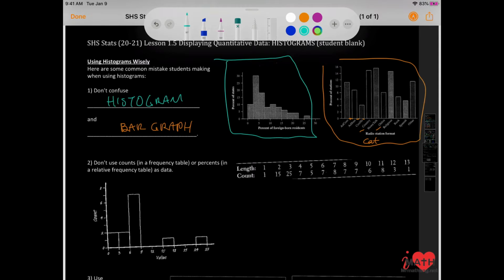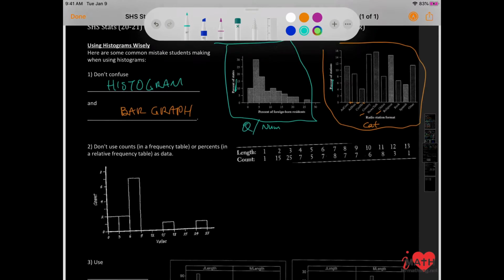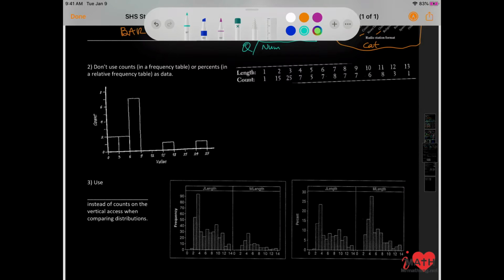This one would be numerical or quantitative. Okay. So that is a big idea of how those are going to be different. You'll recognize that they're both percents, but one is categorical and the other one is quantitative. Okay. Let's go down to this one over here. Number 2.